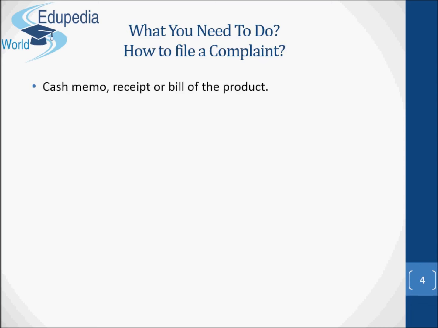The format to file a complaint is located on the booklet provided by Consumer Protection. Then the person must select the proper category under which he or she is filing the complaint. These categories are unfair trade practice, deficiency of service, etc. Then the nature of the complaint needs to be explained in simple words.